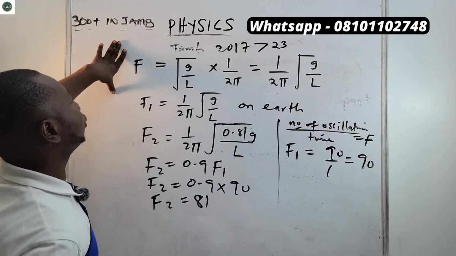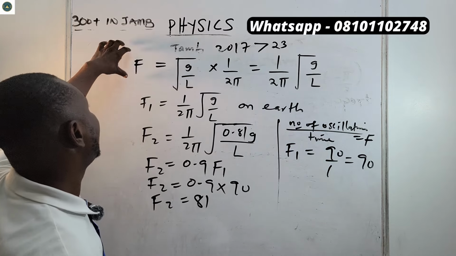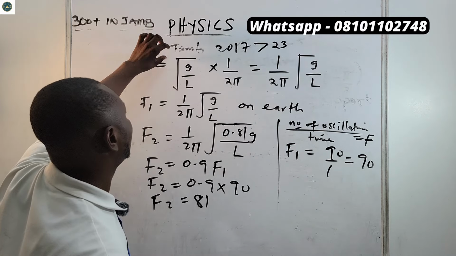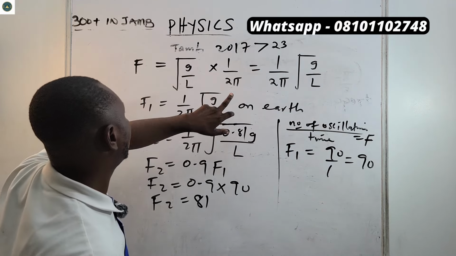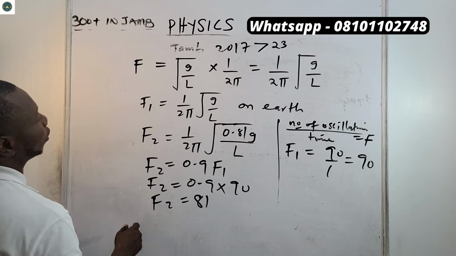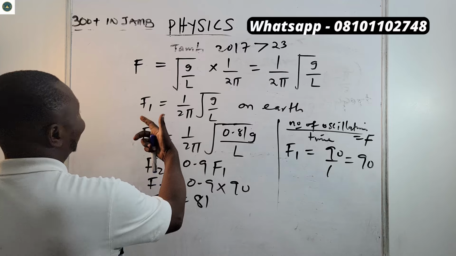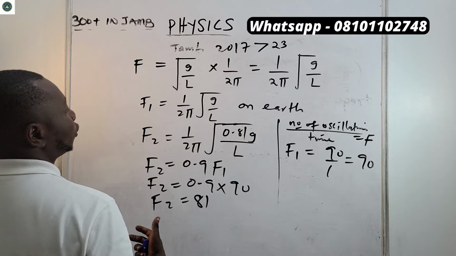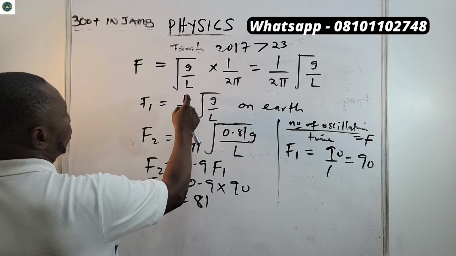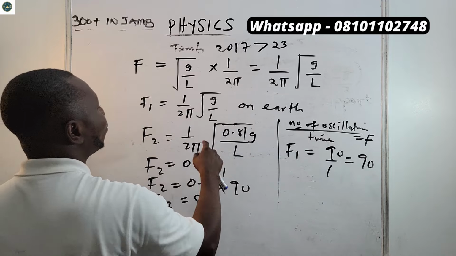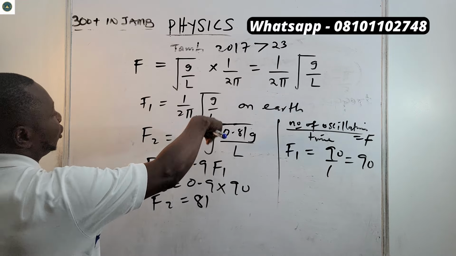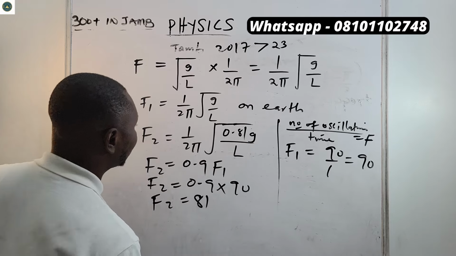So if we are to use the pendulum formula, T equals 2 pi root L over G. Now, because we don't have period, we are relating it with frequency. It's just the reciprocal. So F1 becomes 1 over 2 pi root G over L. So what's the next thing?